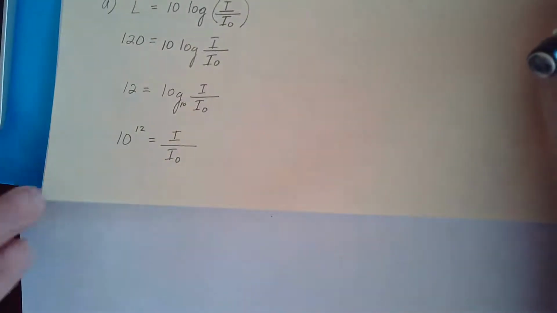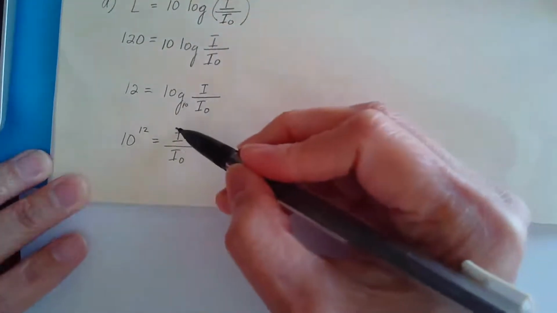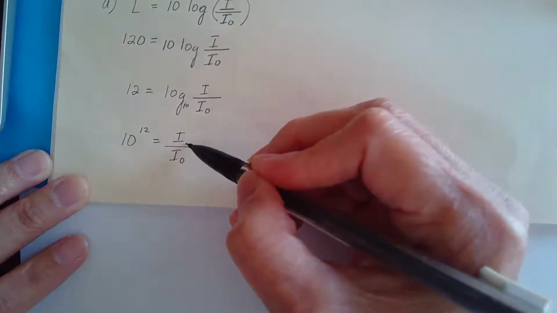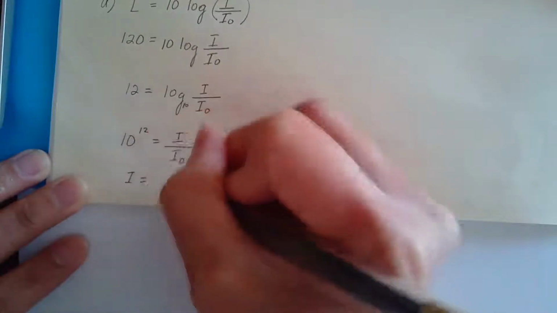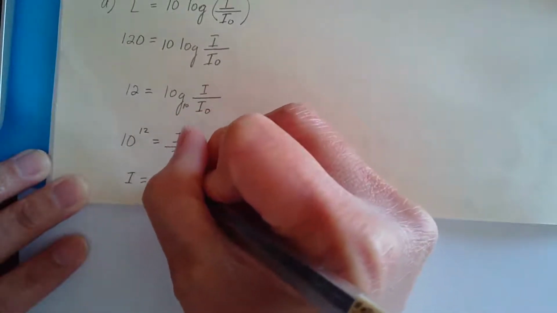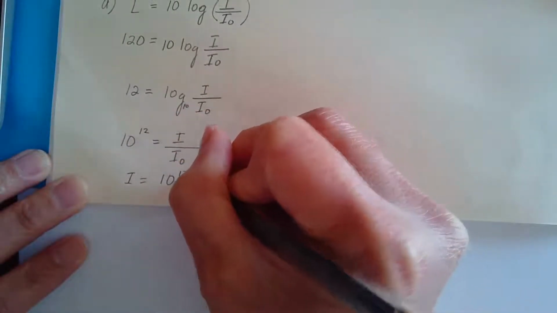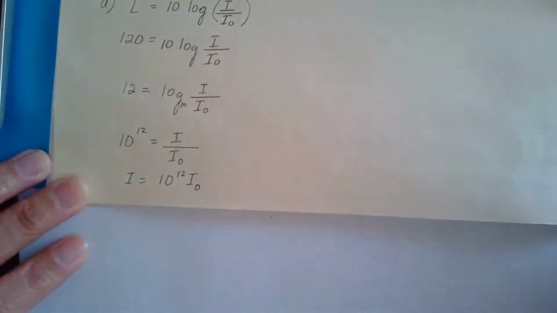So we're going to solve for I. How do we solve for I? We cross multiply. So I equals 10 to the 12 times I naught.